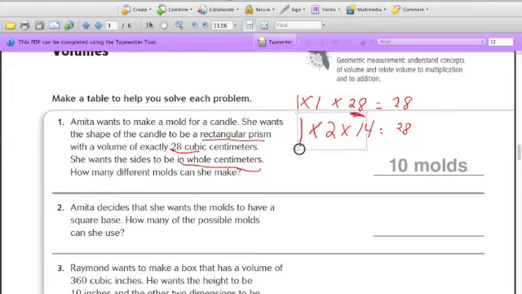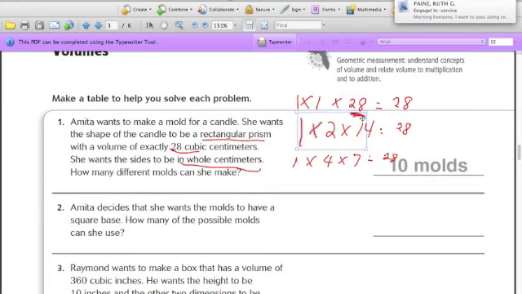Then I look out here and I say, what else could I do? I could have 1 times 4 times 7 would equal 28 cubic centimeters. So when I look at that, my candle mold is a lot shorter, and it's a little wider.